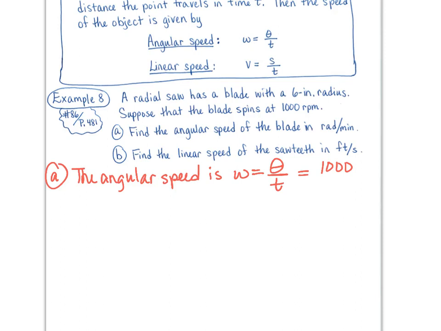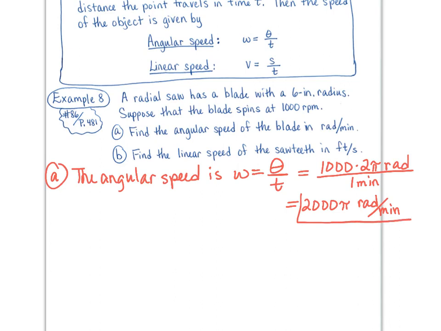So 1,000 times 2 pi radians per minute. So that's equal to 2,000 pi radians per minute. That's your angular speed.